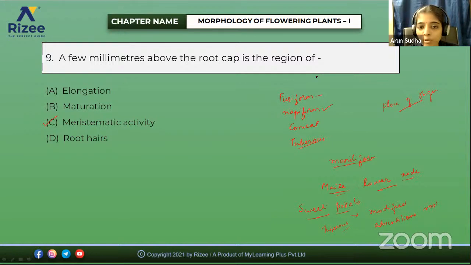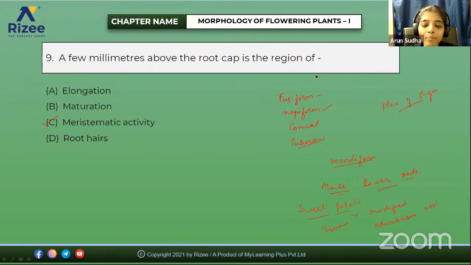And some of the roots also synthesize the plant growth regulators. We also saw about the different regions of the root, like zone of elongation, zone of meristematic activity, and zone of maturation, and about the role of the root cap, that is how it protects the root. So it's clear, right?